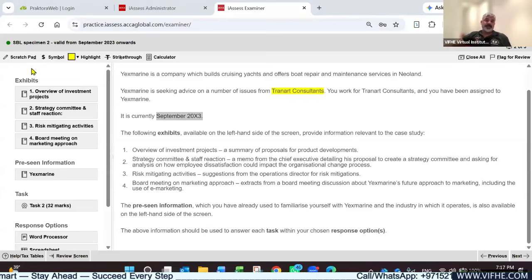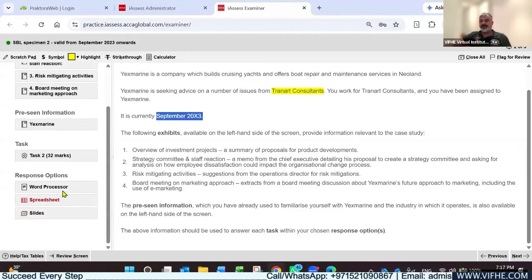We normally use the word processor, right? But when do we use a slide? When the task specifically asks you to prepare a presentation slide. If you see the words presentation slide in the requirement, then we will use this option.